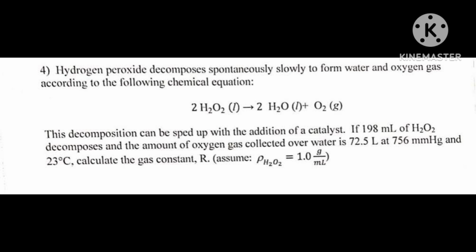Next, methane: CH4 plus 2O2 gives CO2 plus 2H2O. It is a very simple reaction.